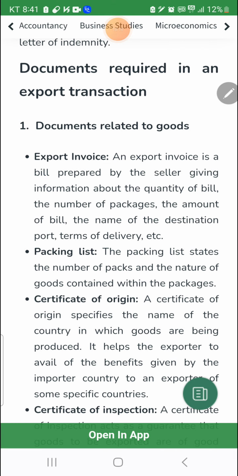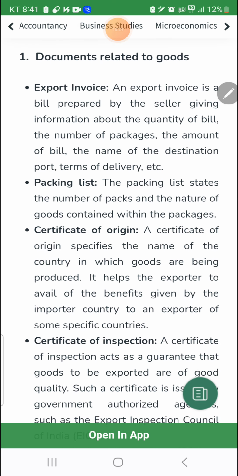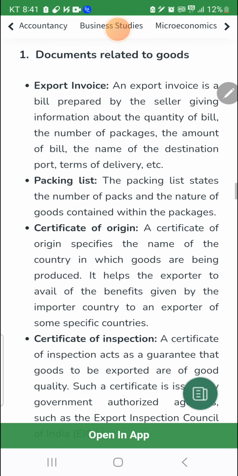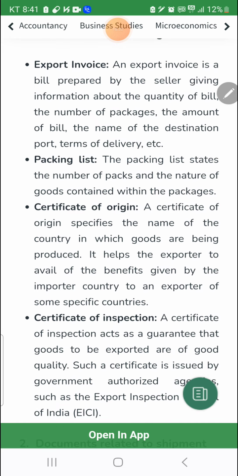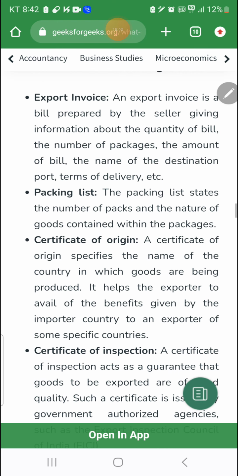1. Documents related to goods. Export invoice. An export invoice is a bill prepared by the seller, giving information about the quantity of goods, the number of packages, the amount of the bill, the name of the destination port, terms of delivery, etc. Packing list.